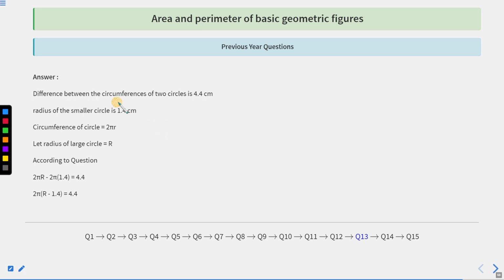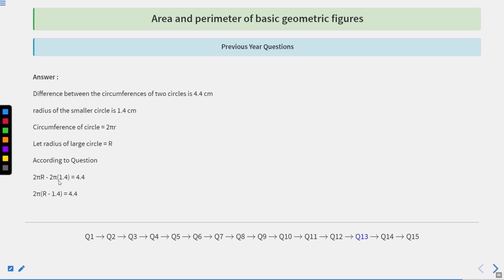So the difference between the circumference of these two circles is 4.4 centimeter, and the radius of the smaller circle is 1.4 centimeter. The circumference of a circle is 2 pi r, correct? Let us denote the radius of the larger circle by r. According to the question, the difference is 4.4. So the circumference of the larger circle minus the circumference of the smaller circle is equal to 4.4.